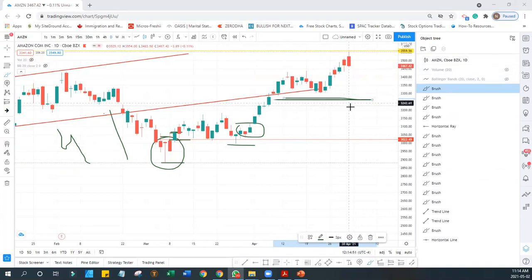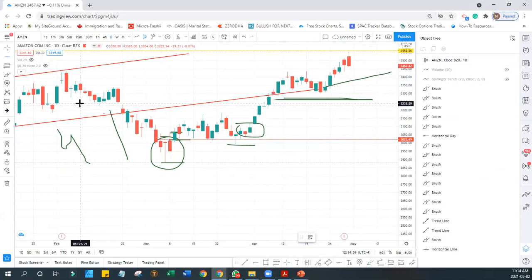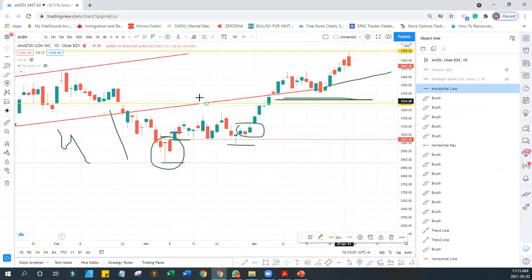Because the price is not going to fall below that line, so you are getting two confirmations. The price is going to support from here. If you are conservative, 3225 should be your next stop loss. If you bought it at 1700, even if it triggers your stop loss, you're still in good profit.